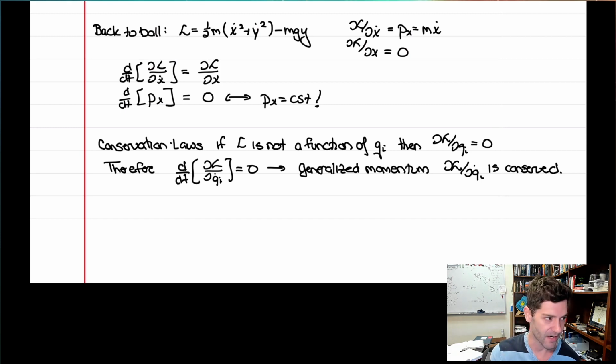This is getting to a bigger idea called Noether's theorem, based on mathematician Emmy Noether, where she worked out these ideas of when there is symmetry in equations, like when particular variables do not appear specifically. The origin of conservation might actually be based on symmetry in equations, which is saying something about how variables may or may not appear in the equations. We'll probably come back to that in a little bit because that's a big theorem in physics.